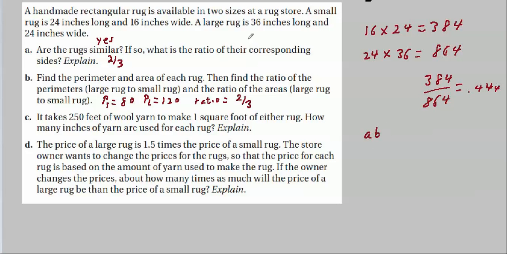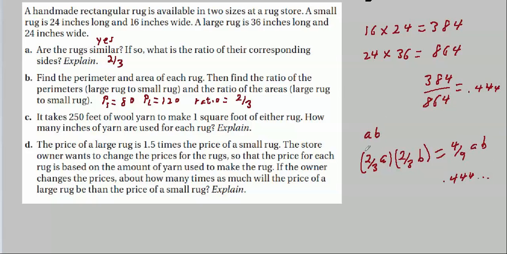Well, we know our ratio now, so for the small one we have 2/3 A. That's our new length, and 2/3 B is the width of the smaller one. And what does that work out to? Well, that's 2/3 squared times AB. What is 4/9 in a decimal representation? 0.444, it just goes on forever.